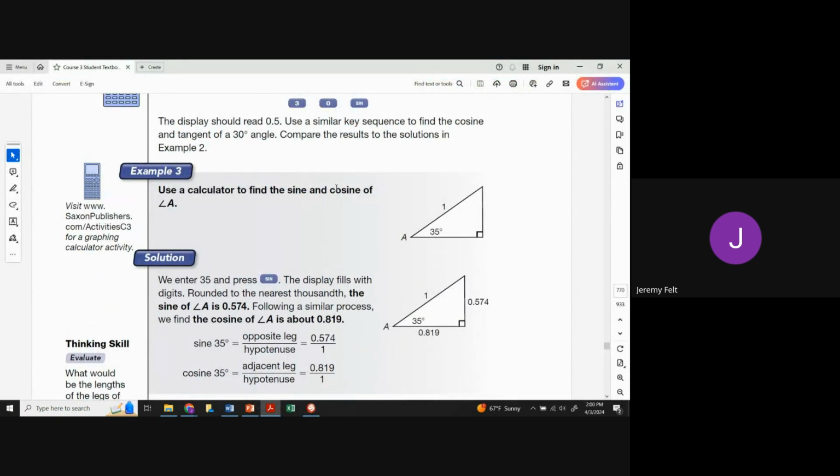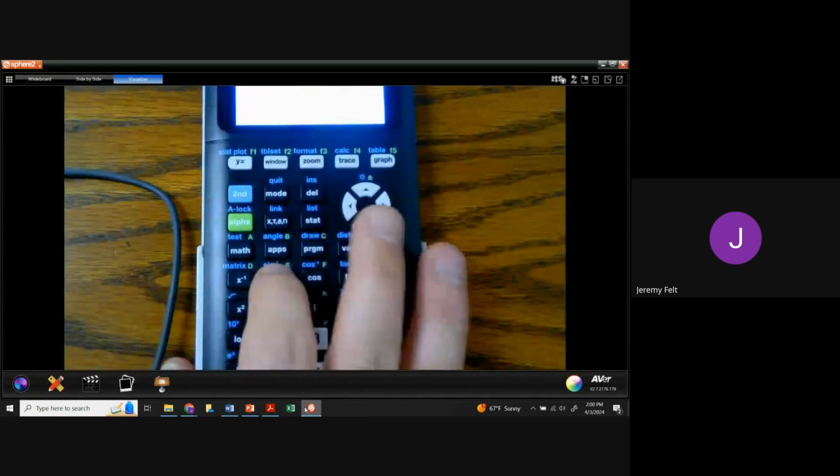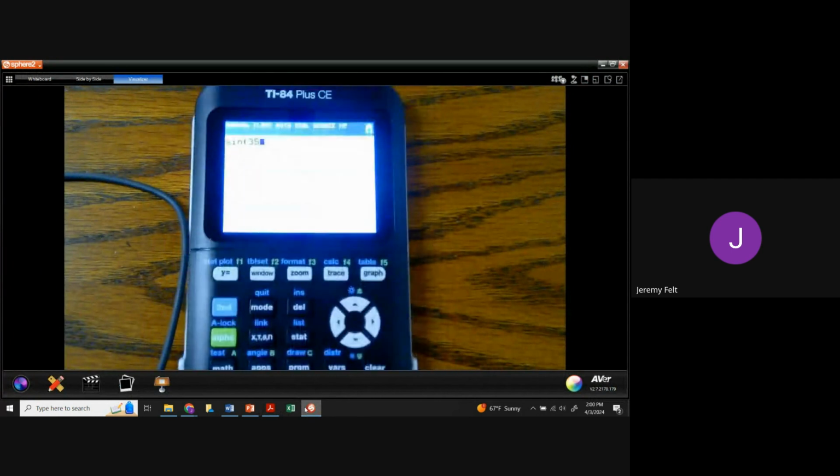All right, so find the sine of angle A. If we go in, we hit sine, just like we showed you, of angle A, which is 35. So we do sine 35 and hit enter, and there's our relationship.